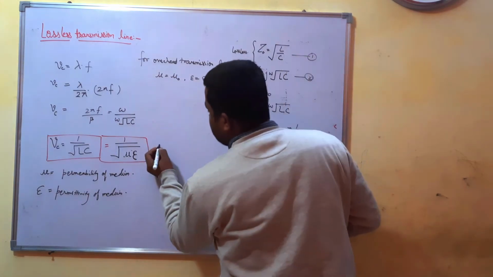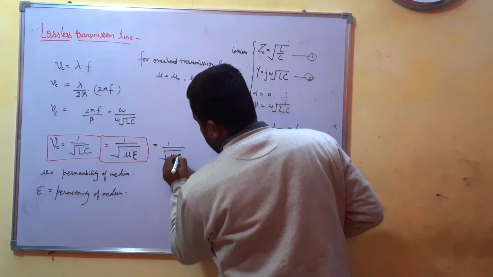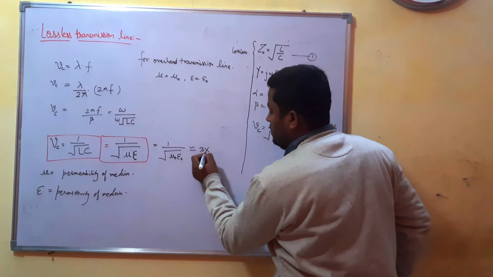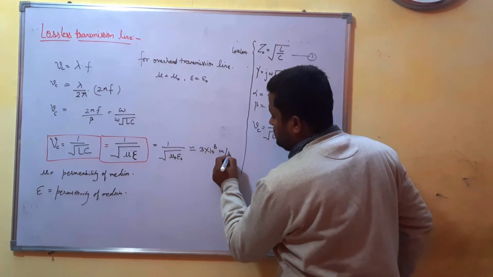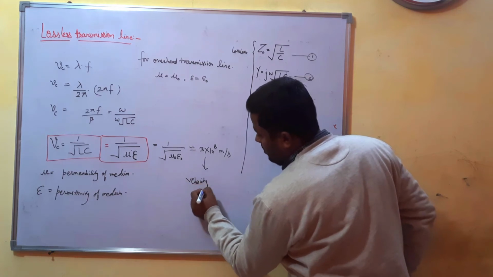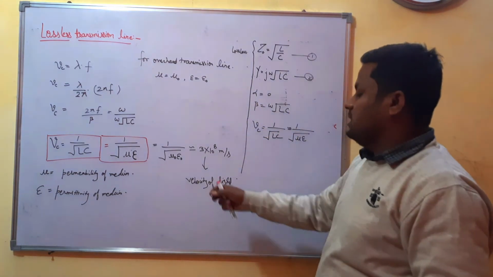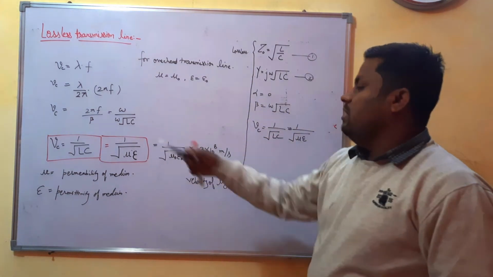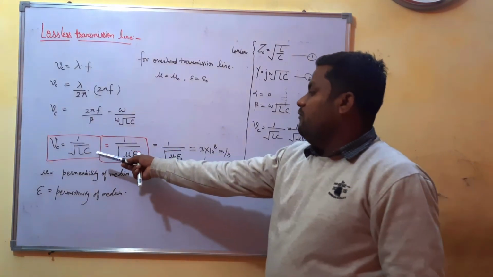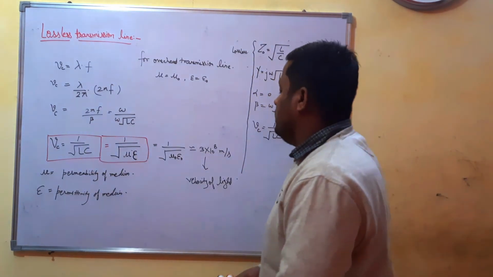So it becomes 1 upon under root mu naught epsilon naught, which, if you calculate, we find is 3 into 10 to power 8 meter per second, that is the velocity of light. The speed of this wave will be equal to the speed of light. Now if we know the product of L and C, we can find the individual L and C.